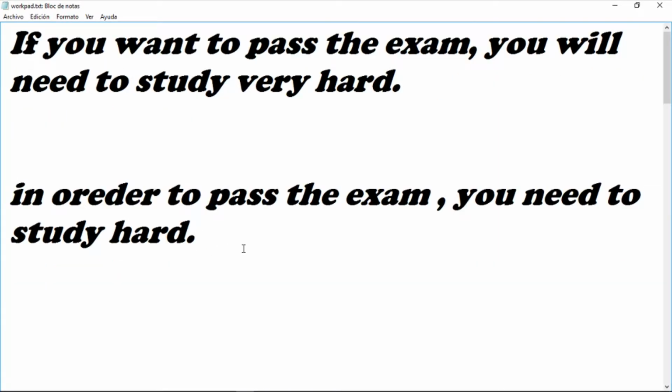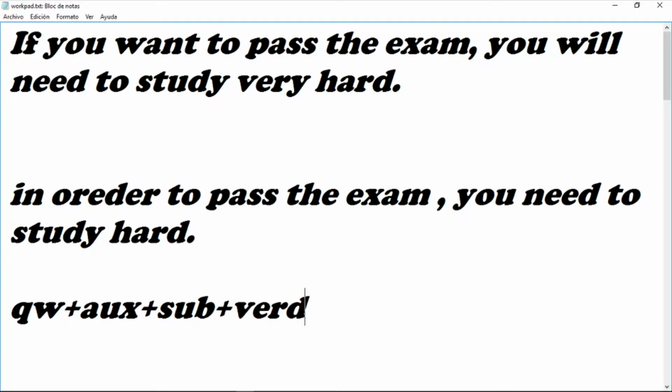If I want to ask the question, let's review question. Question is question word plus auxiliary plus subject plus verb. The verb here is study.